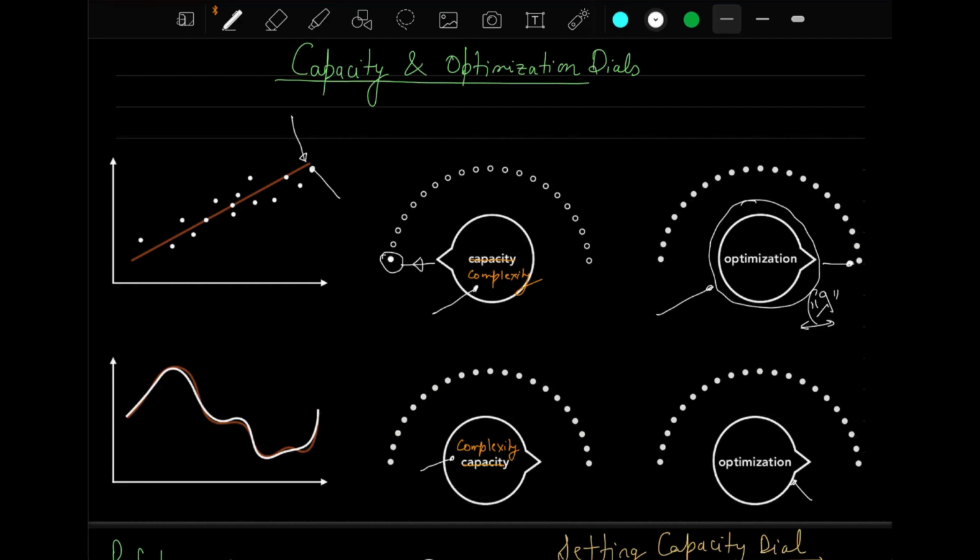We will discuss this regularization parameter in more detail later in these slides. But for the time being, you can understand that optimizing to the extreme end means I am completely optimizing this model, but the model that I am using is very simple. That's why it's a linear model which is completely fit.